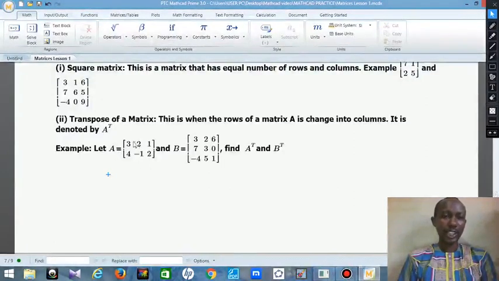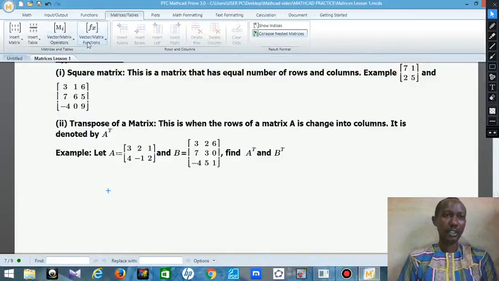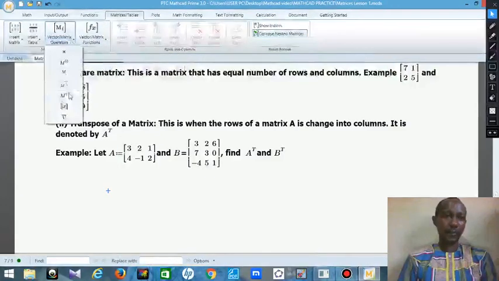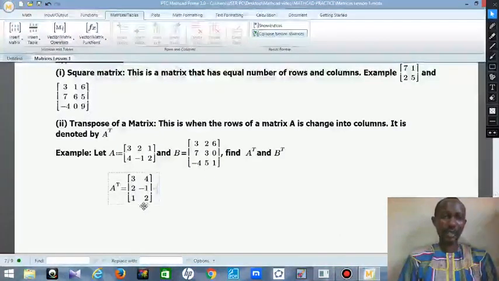So if I want to get the transpose of this, let me change this to the equal sign so that I can do it directly. If I want to get the transpose of that matrix, you can see the raised to power here. If I have capital A and I press equal to, you see the answer will come out.